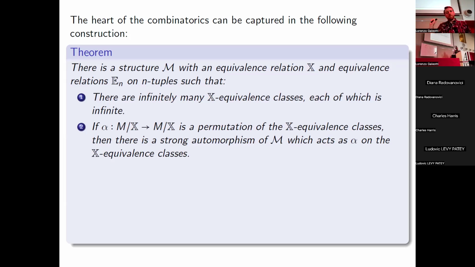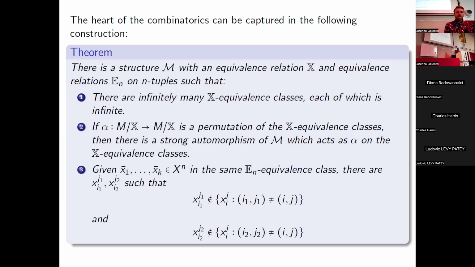I'm doing it here as if there's no structure, so think of this as if I'm trying to code the totally disconnected graph. Any automorphism of that should induce an automorphism of the equivalence classes. And we should have this thing about the equivalence relations that in any set of equivalent elements, there should be two things that only show up once.